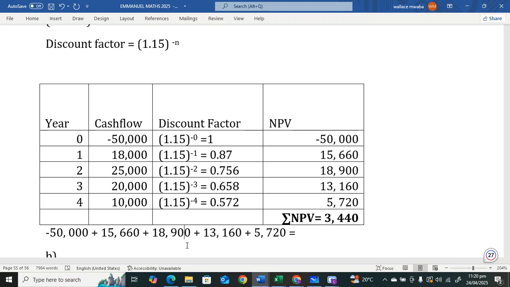You wouldn't want to invest in a project that will make you break even.